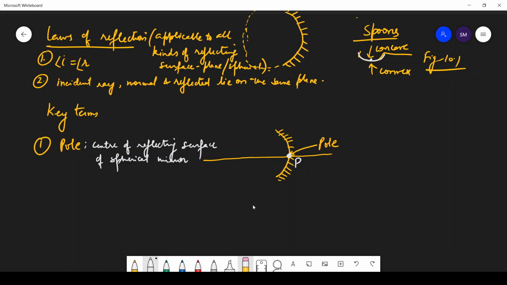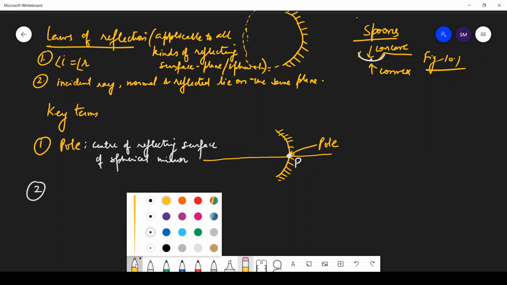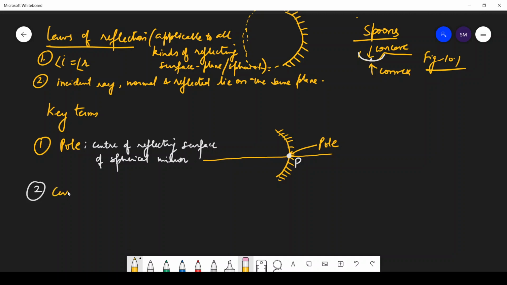Now we have the next important point, which is center of curvature. So what is center of curvature? As I told you, spherical mirrors are part of a sphere.